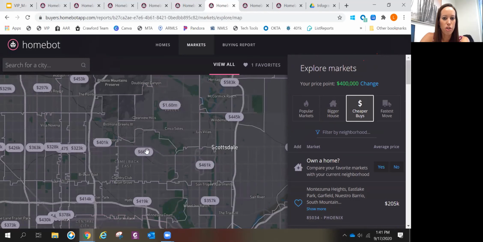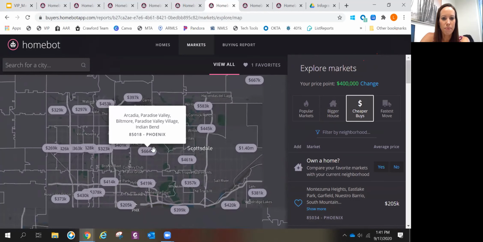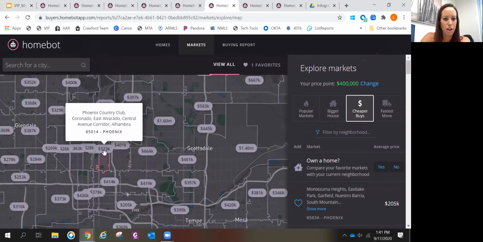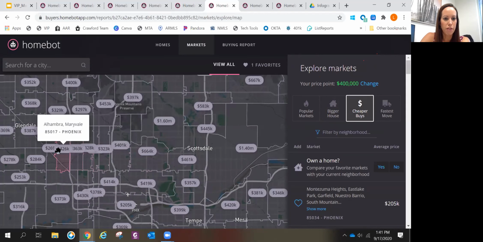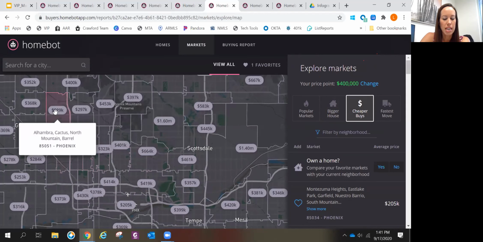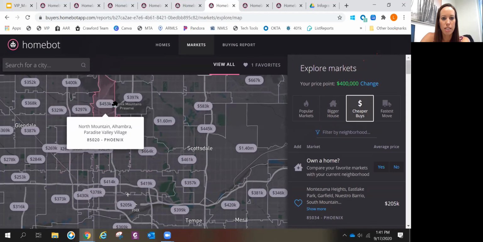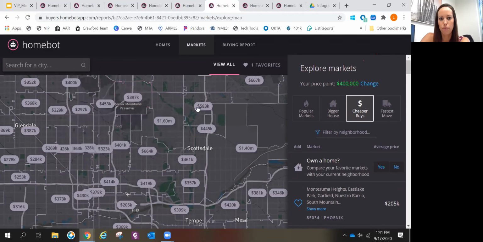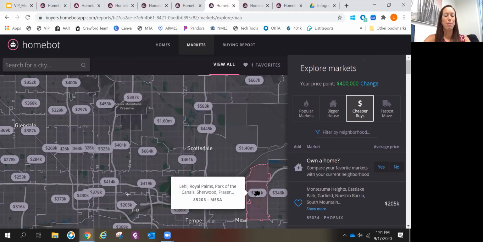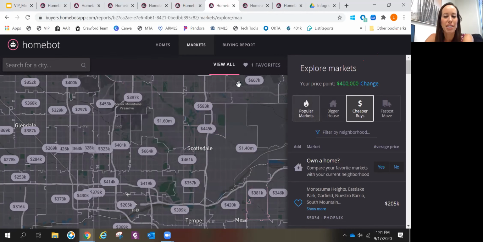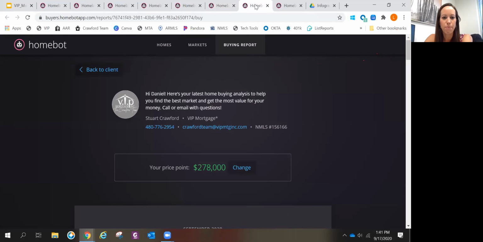And then it visually shows them a map of the valley of what average price points are in certain areas, and they can hover over any zip code and see what average price points in that zip code are. So that's super helpful for people that don't understand how Paradise Valley is very different than Phoenix 1 mile across Tatum, right? So that helps people see that very well visually.